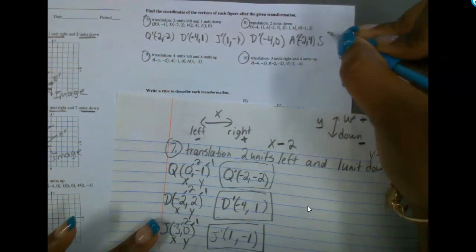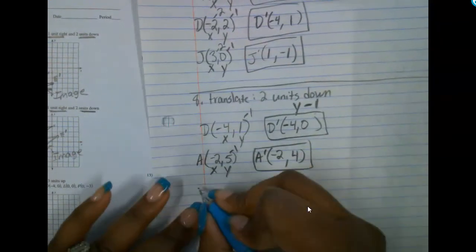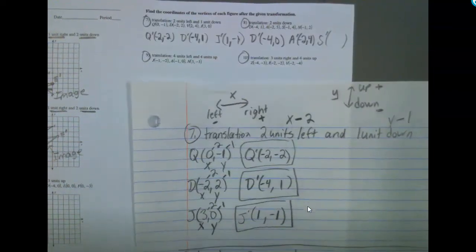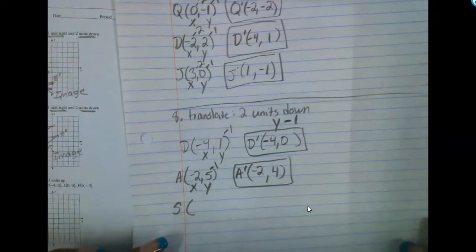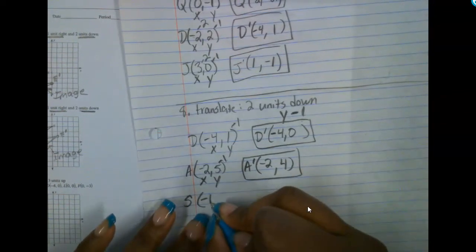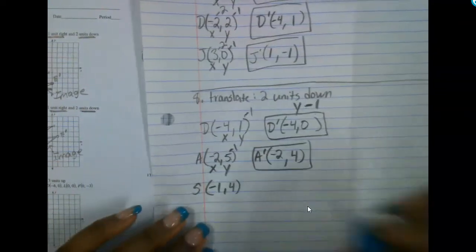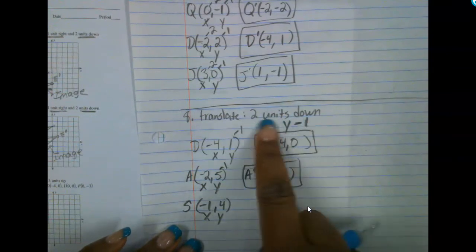Let's do S. It's our new location for S, okay? So the pre-image for S is -1 and 4. So we got -1, 4. All right. This is X. This is Y. It didn't say anything about going left or right.